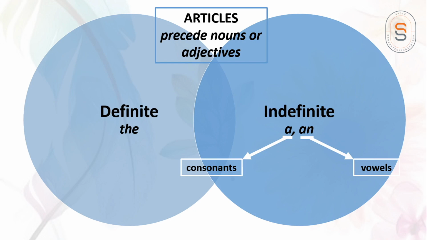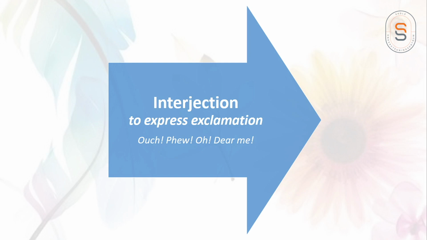Prize starts with a consonant, or you could have said Peter won the history prize. It's a definite article I used in that case. Right, then we have an interjection, and that is to express an exclamation. It's words like ouch and phew and oh and dear me, and it's usually followed by an exclamation mark.